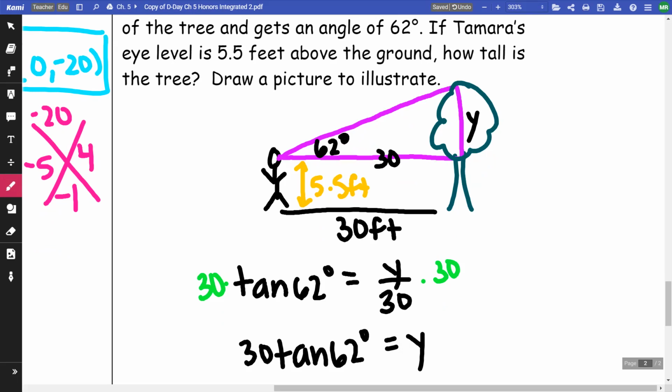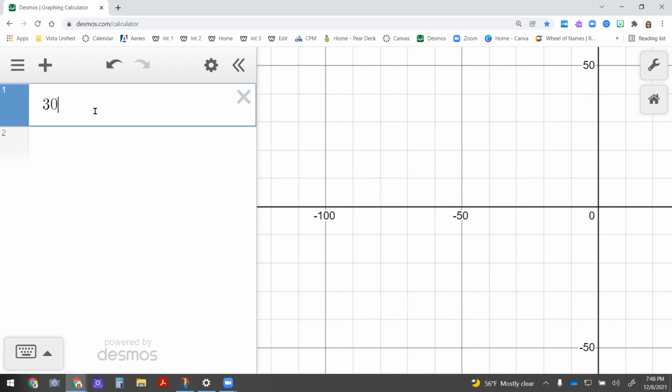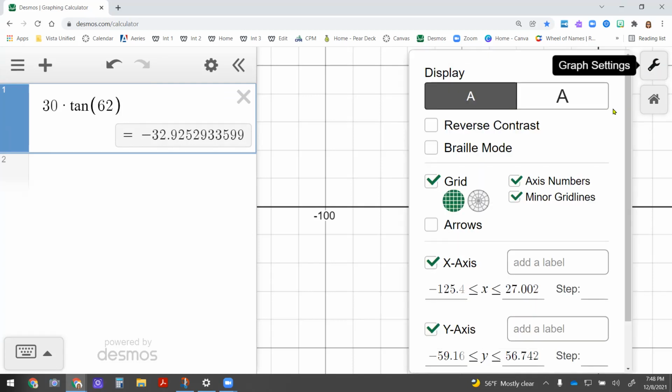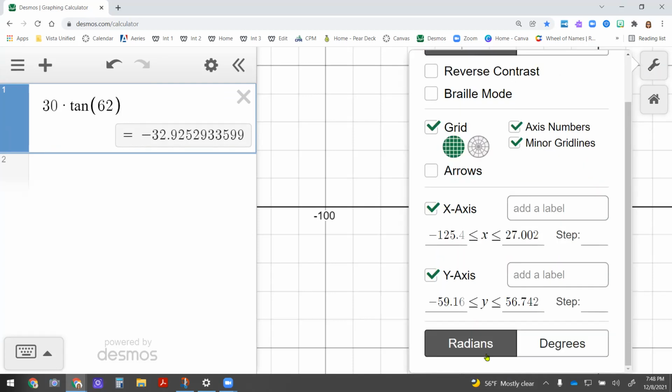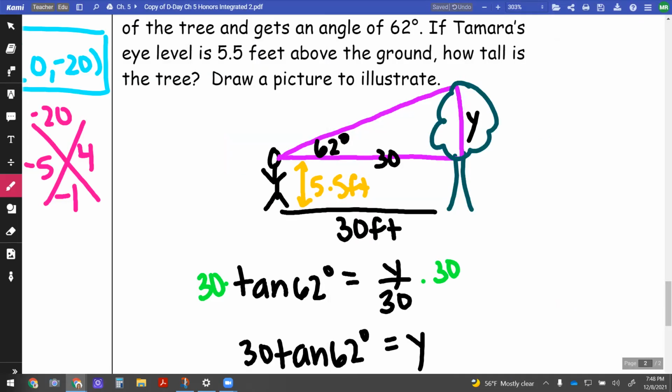So 30 times tangent of 62. And let me make sure that I'm in degrees because I was in radians. Okay, so that makes more sense. 56.42.